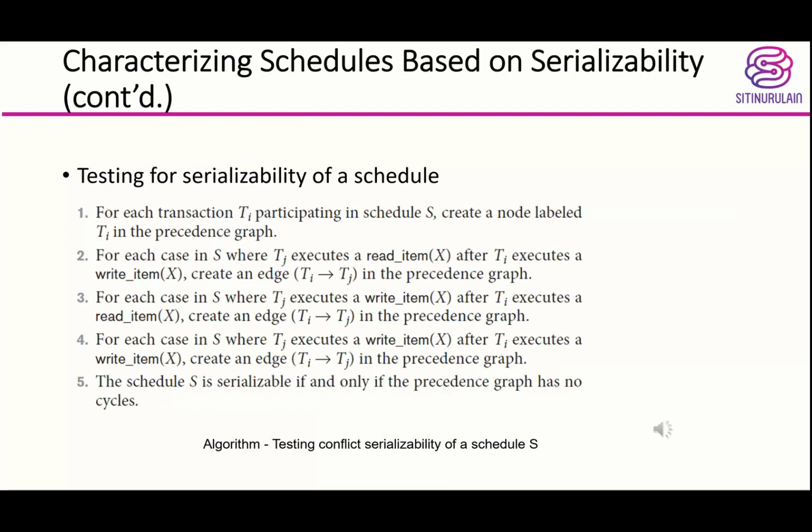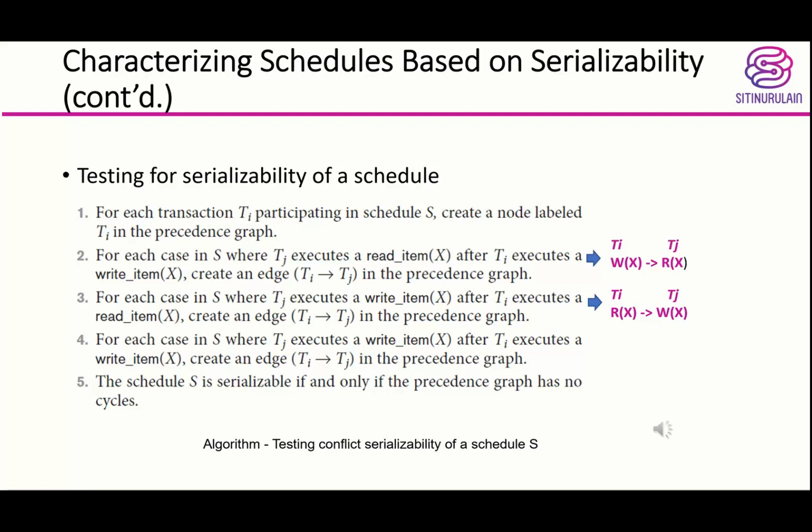1. For each transaction Ti participating in schedule S, create a node labeled Ti in the precedence graph. 2. For each case in S where Tj executes a read_item, X, after Ti executes a write_item, X, create an edge, Ti to Tj, in the precedence graph. 3.